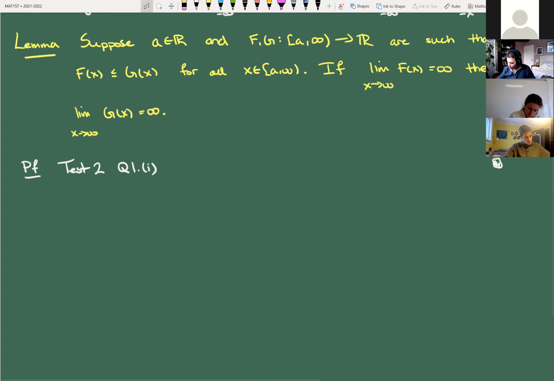It's not too bad. Okay, now there's a second one that we need. How did this one go? So if f, again, maps A to infinity. I'm not going to say every single time that A is a real number. It's just an arbitrary real number. So if f maps A to infinity and is increasing, do I want increasing or can I use non-decreasing? Yeah, non-decreasing is fine.